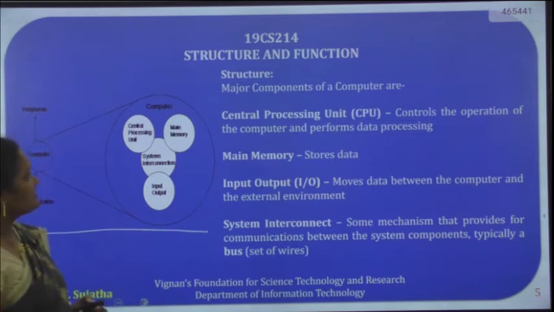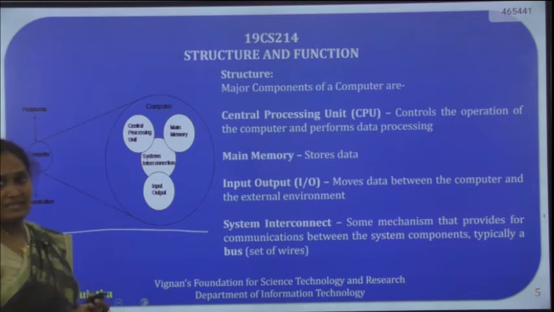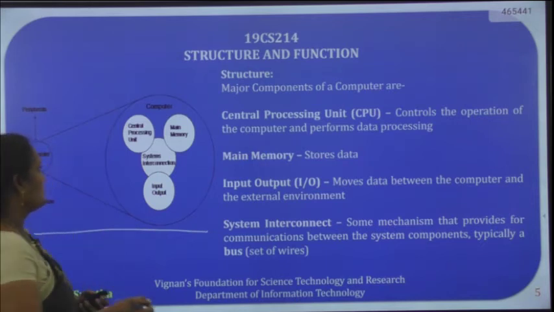The major components present in the computer are the central processing unit, main memory, input output unit and system interconnect. So we have four major components.